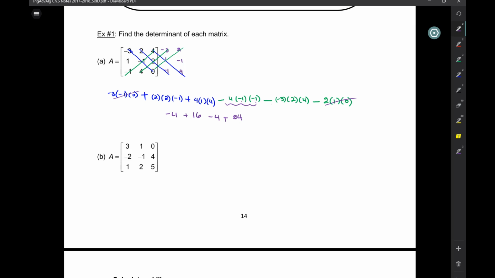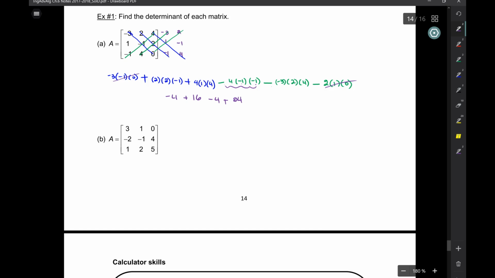So here we have -4, that's -8, plus 16 is 8, plus 24 is 32. And there you have it. That's it. It's really very straightforward. This is a shortcut. This is not the formal way of doing determinants, but that's okay.